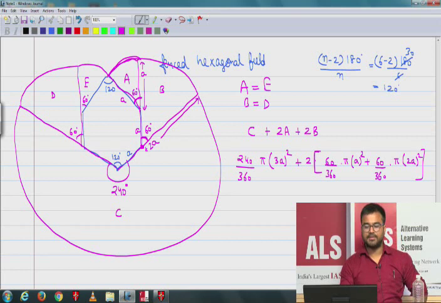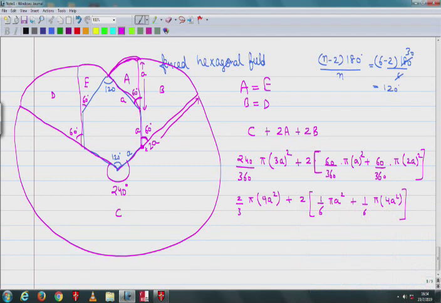Now we can just simplify. This is 240 over 360, that is, we can divide it by 120. So it will be 2 by 3 pi 9a square plus 2 times of, that is 1 by 6 pi a square plus 1 by 6 pi 4a square. And this 3 will get cancelled out.